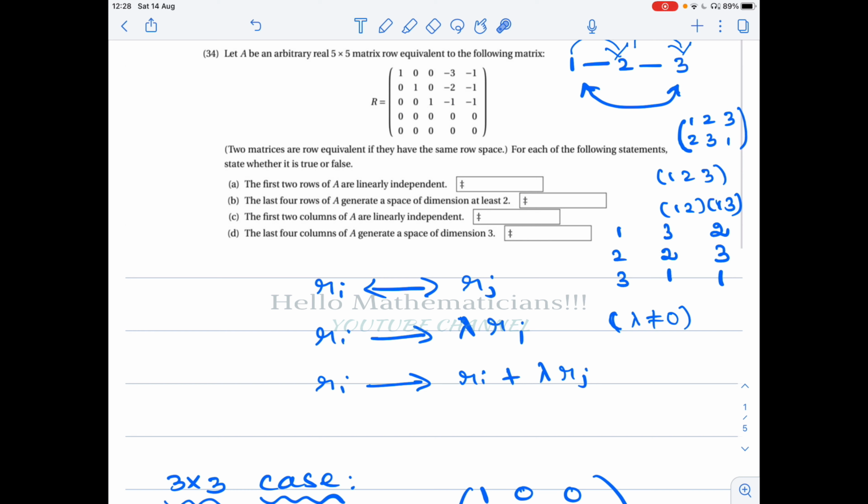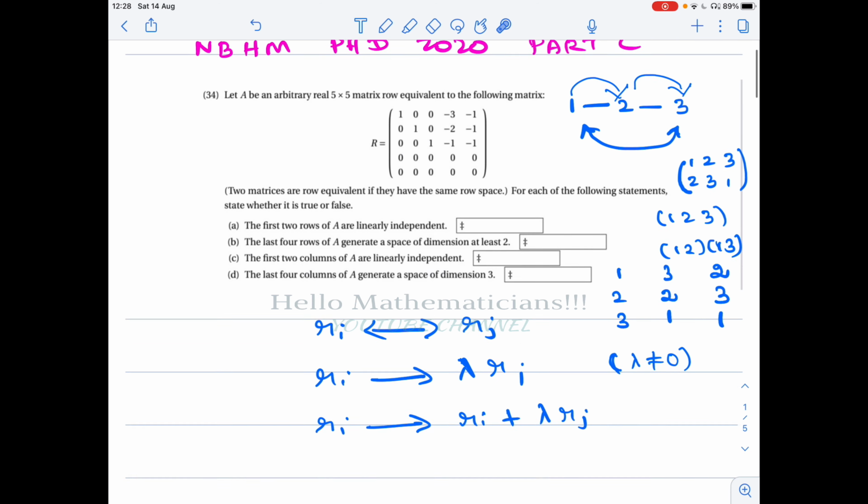Second thing, let's come to this row operation. If you apply this row operation, the positions of the rows are not going to change. Only the ith row will change, where you multiply every entry by lambda. Suppose this is my original matrix.